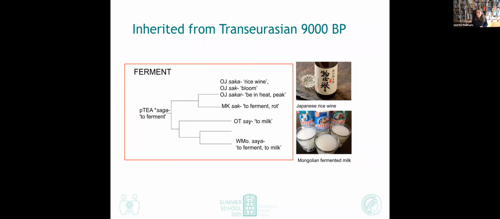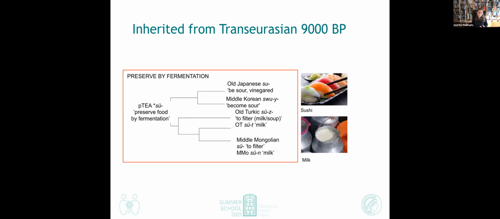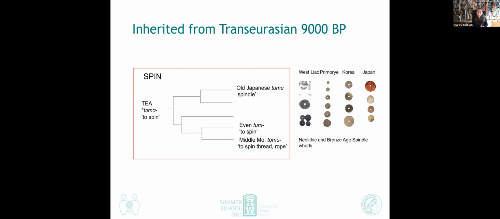And then there are also a number of verbs that seem to refer to fermentation, like the verb to ferment or to preserve by fermentation. And finally, we also find some specialized technological vocabulary relating to textile technology, such as, for instance, a verb for to spin.